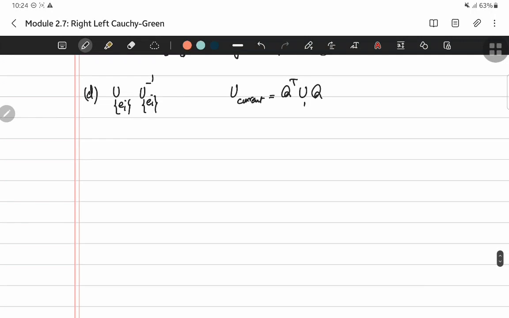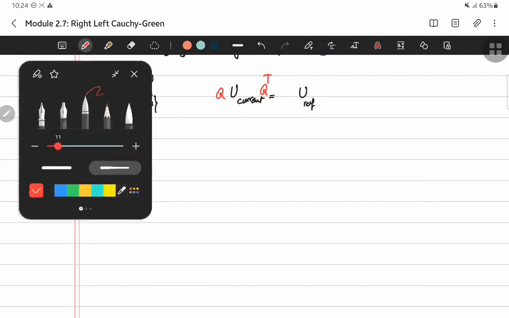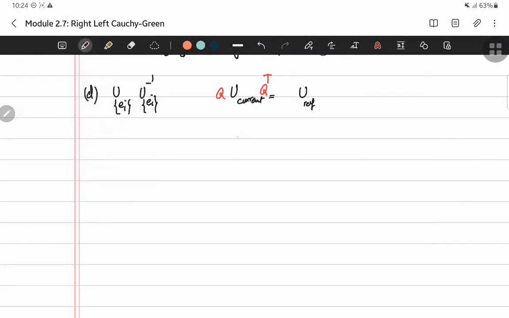If this Q comes in here, you have a Q here, so this becomes I, and you have a Q transpose here and here, so this becomes I. So this finally becomes U reference.